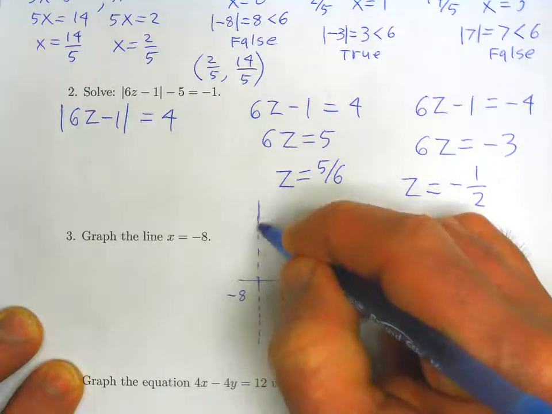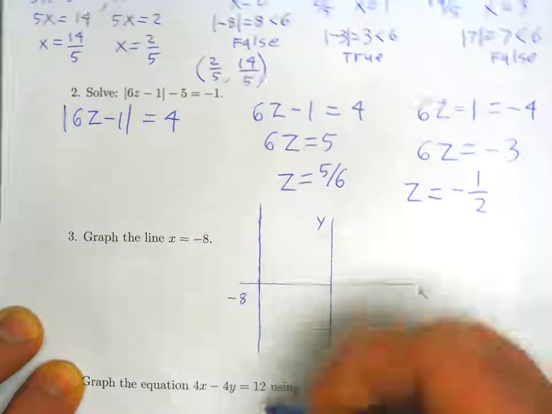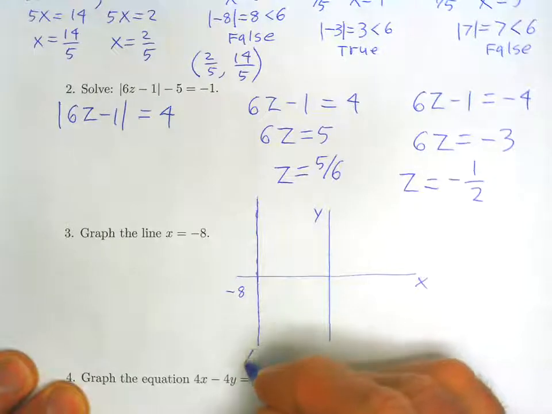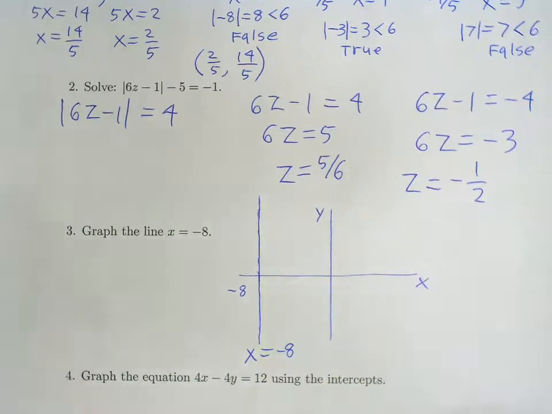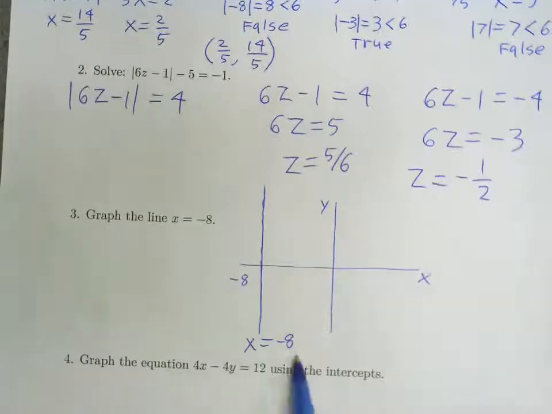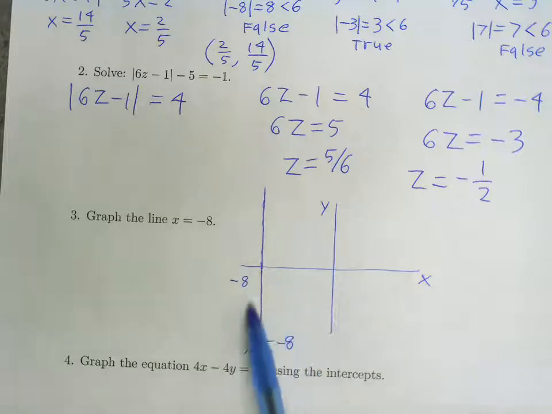So I guess I shouldn't put a dash line. I should put a line with no dashes and then label it. This is x equals negative 8. The reason x equals negative 8 is the solution is because every point on this line has the same x coordinate of negative 8.